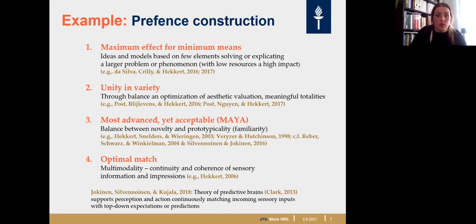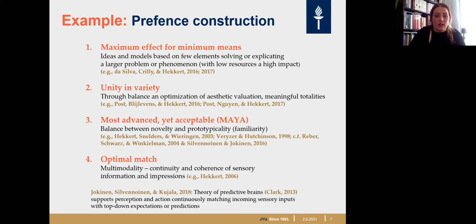First one is maximum effect for minimum means, which means that ideas and models based on few elements solving or explicating a larger problem or phenomenon, so that you put low cognitive effort but you gain a high impact, are preferred.